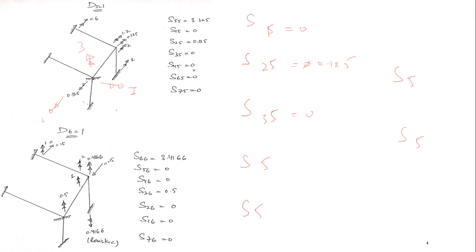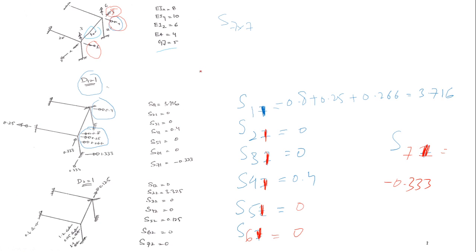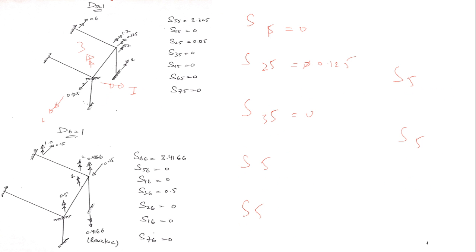Now the major activity comes. 4 5 6. 6 is upward. 4, nothing. Actually 4 is in this direction, 5 is in this direction.